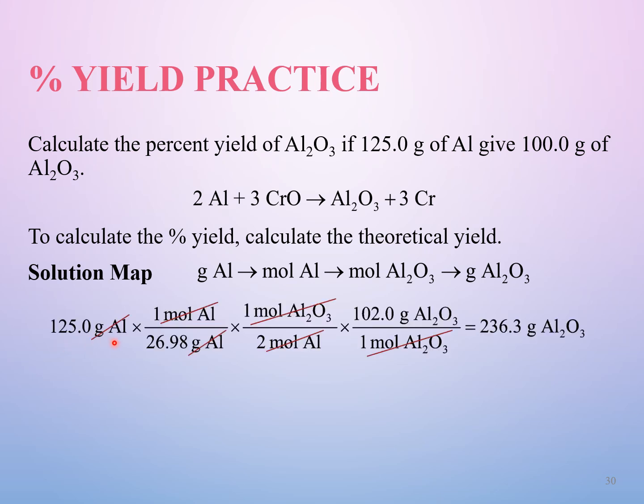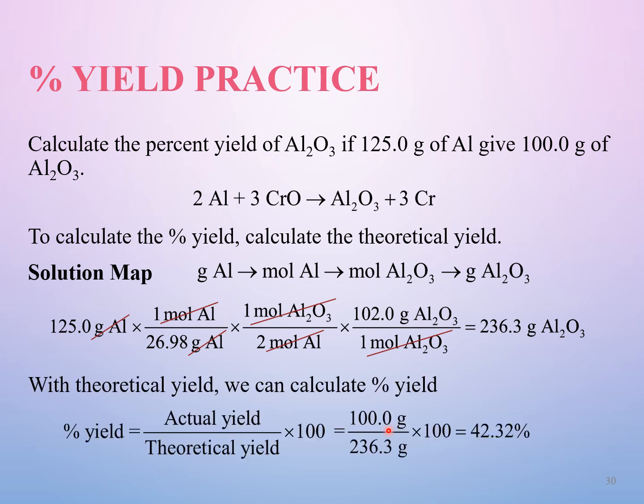Our theoretical yield in this case is 236.3 grams of Al2O3. So they say they made 100 grams. To get the percent yield, you take the 100 grams divided by 236.3 grams times 100, which gives you a percent yield of 42.32%.